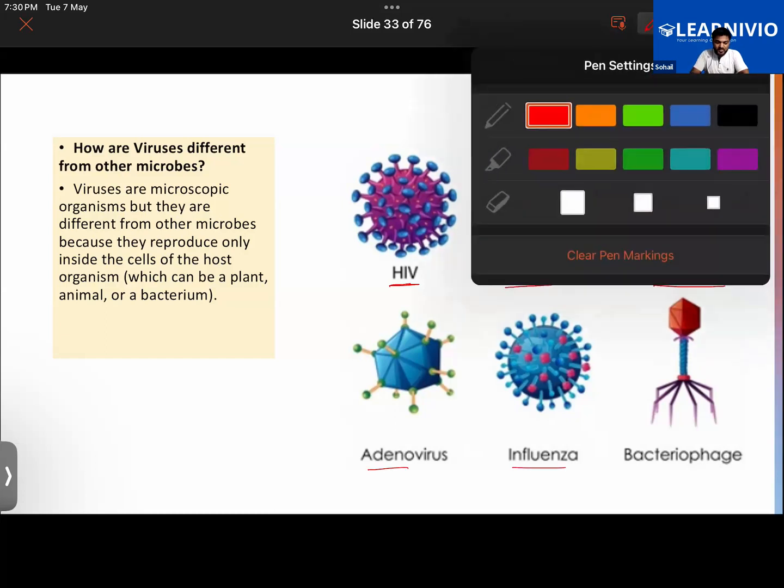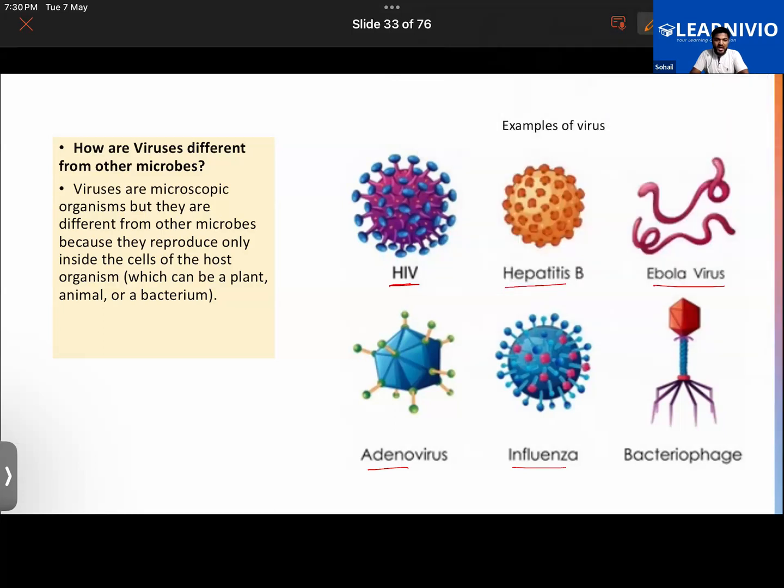Now, one interesting question comes: how are they different from other microorganisms? We have studied so many things about them, like they are neither prokaryotic nor eukaryotic. They are able to show traits of life only once they enter inside the body of the host organism.